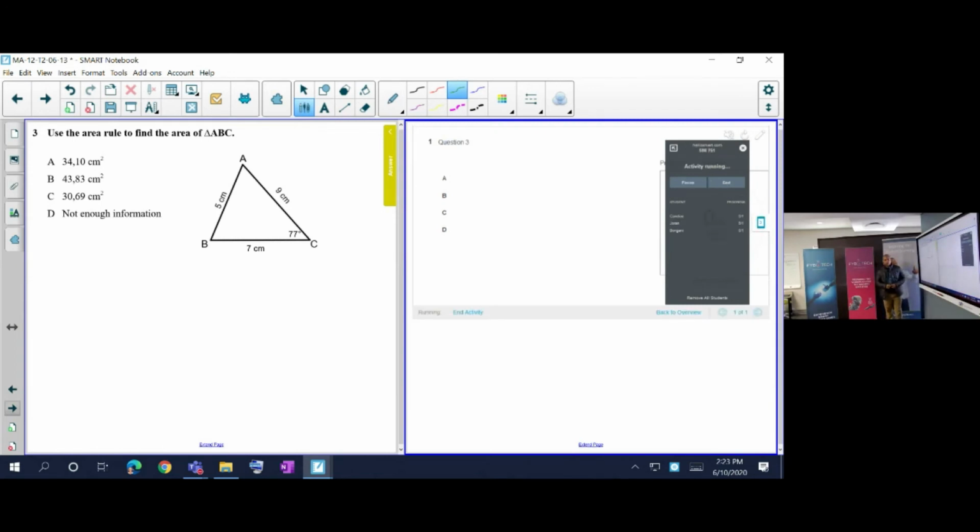Okay, I think you can see it on your gadget. The next question, which is question 3. Question 3 is saying, use the area rule to find the area of triangle ABC.